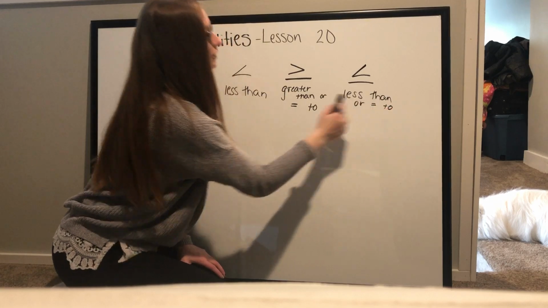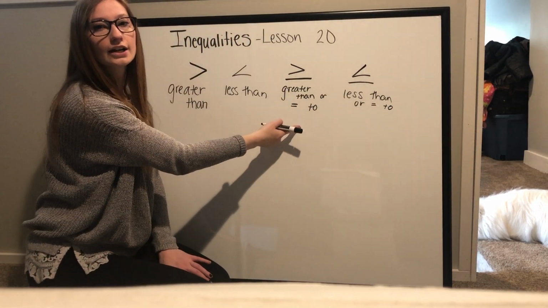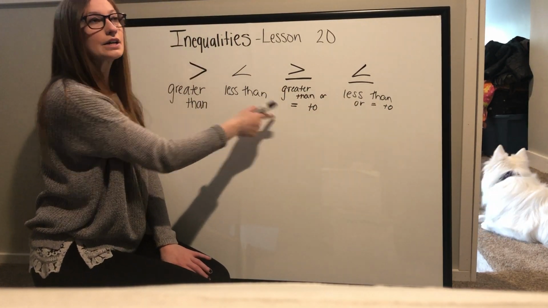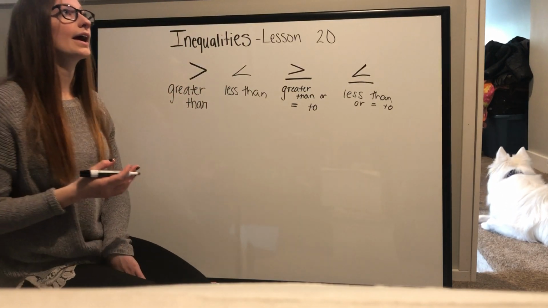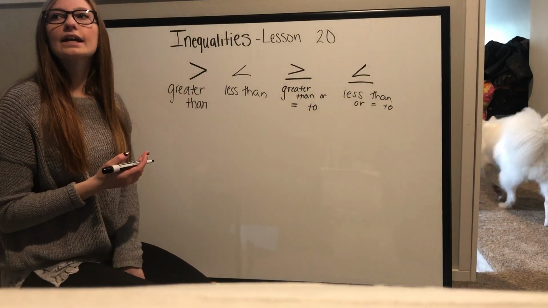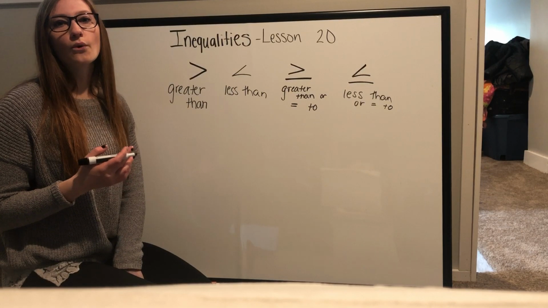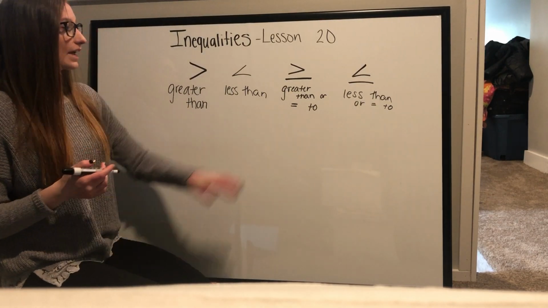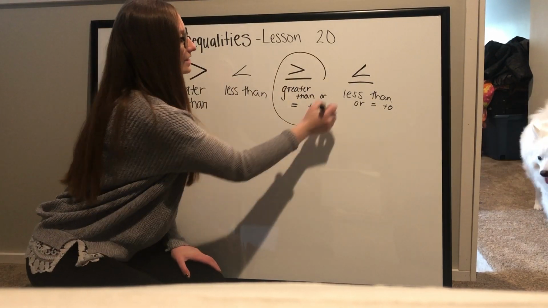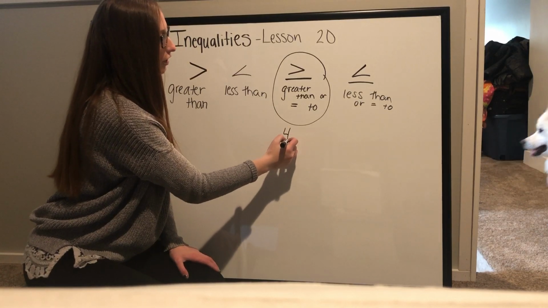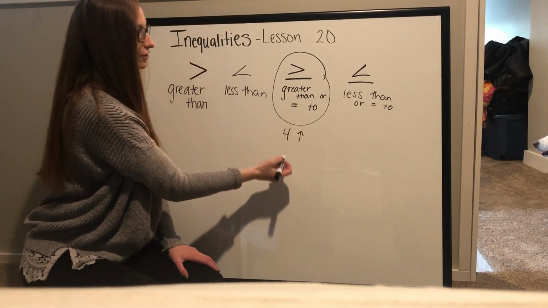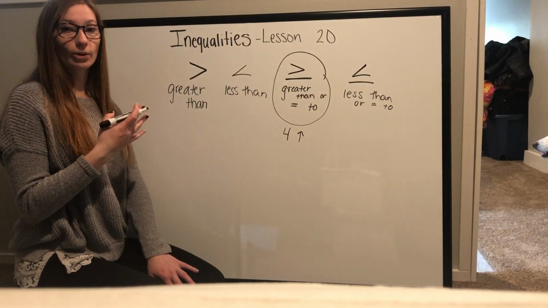So these two mean that whatever number you're talking about, that could be an answer. So say I said the temperature is 4 degrees or more during the winter. This would show that because it can be 4 or it'll be higher. So 4 is an option or bigger.